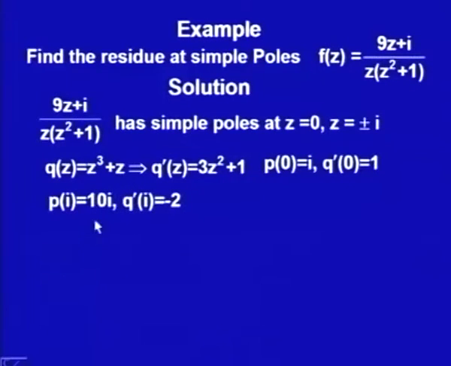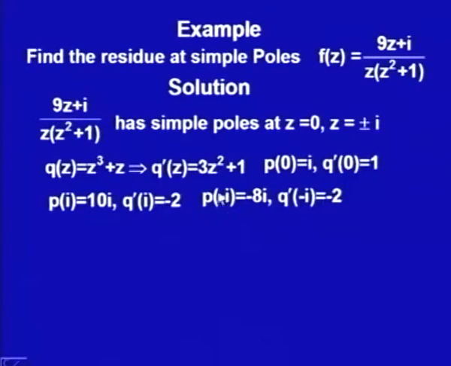Similarly, at z equal to i, p(i) is 9i plus i, that is 10i, and q dash at i is 3i squared plus 1, that is minus 3 plus 1, that is minus 2. Similarly, for minus i, p at minus i is minus 8i and q dash at minus i is minus 2.